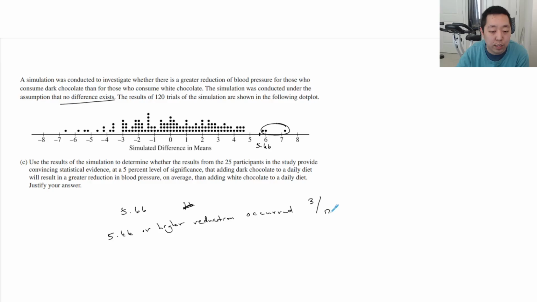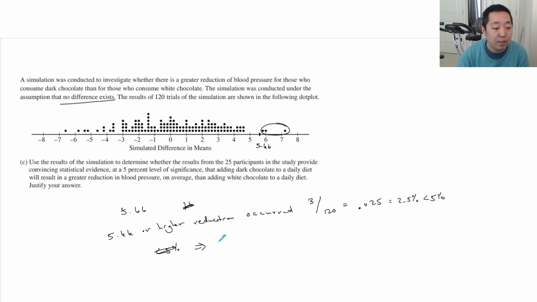Out of 120, which is an incident rate of 0.025, okay? So which is 2.5%. So 2.5% of the time, just by pure chance alone, did we get values where the mean reduction was 5.66 or larger. That is less than 5%, okay? Which is less than 5%.